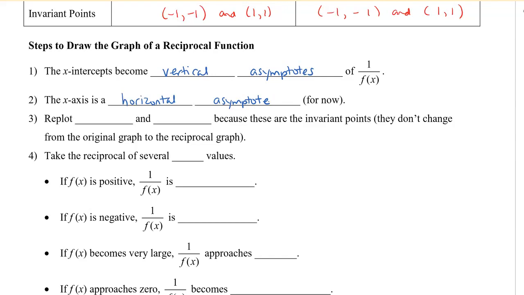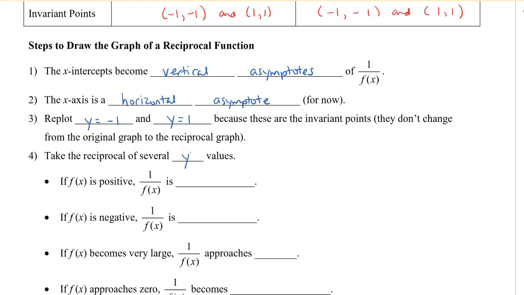We're going to replot the invariant points, and that occurs when y equals -1 and when y equals 1. Okay, so these are invariant points. They don't change from the original graph to the reciprocal graph. The 1 and the -1 for y's stay the same. And then finally, you're going to take the reciprocal of several y values.